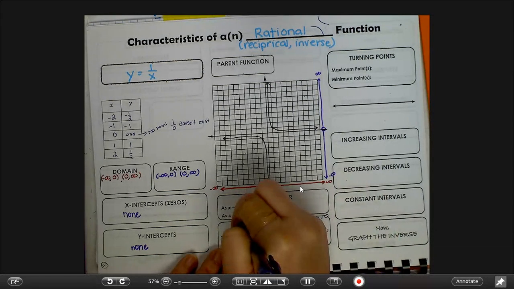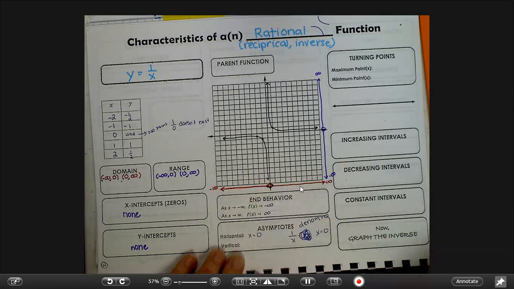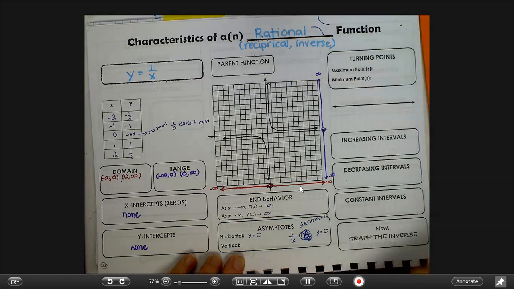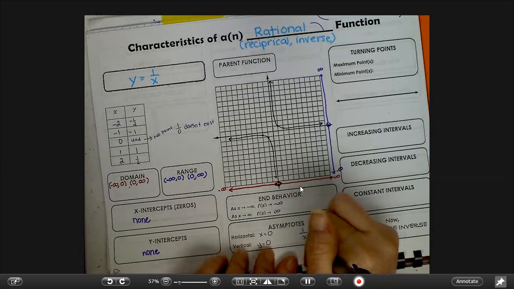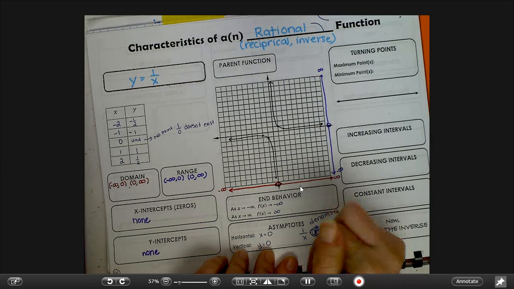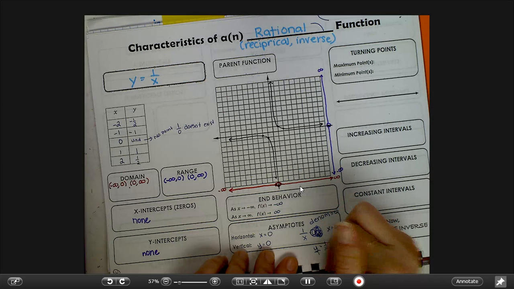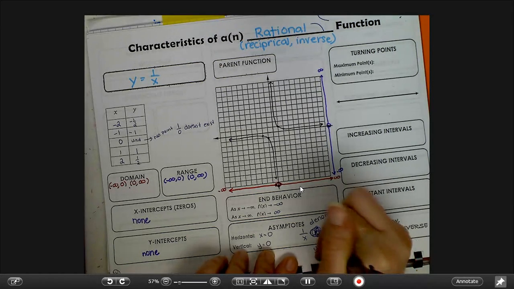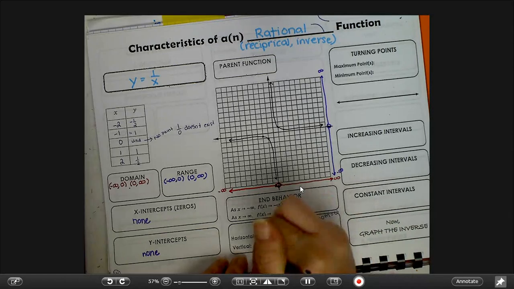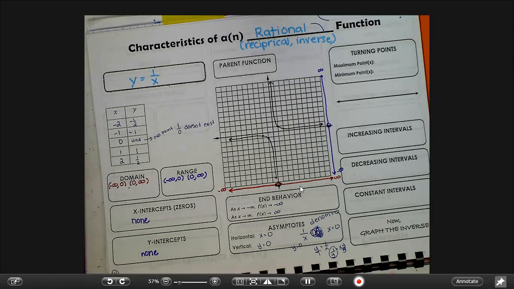So there's an asymptote at x equals 0. And for y, it is also at 0. And that's because if we rearrange this by cross multiplying, we would get 1 equals xy, get the x alone, x equals 1 over y, so y cannot equal 0. So there's an asymptote at y equals 0. That part's a little weird, but to find the asymptote, you set the denominator equal to 0.